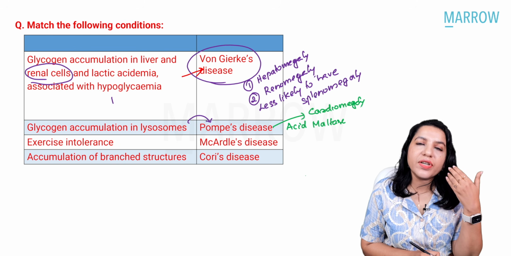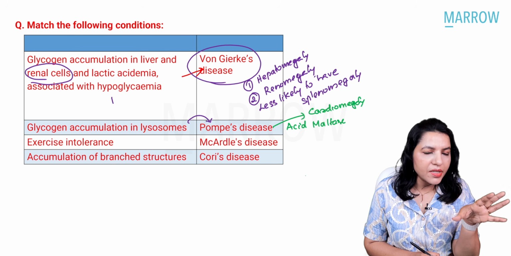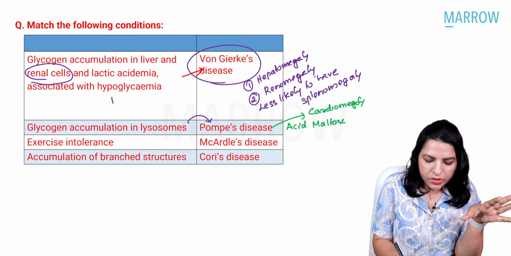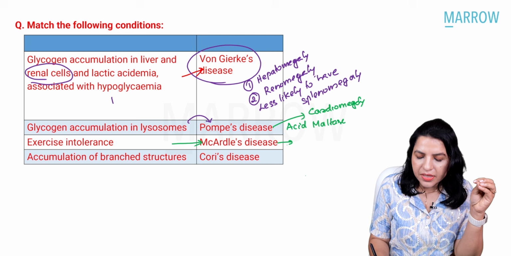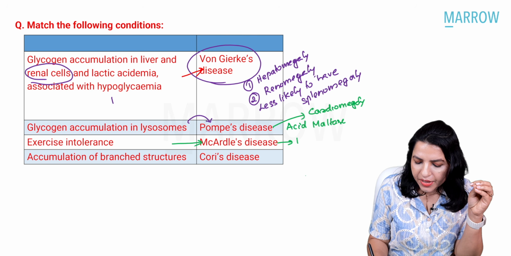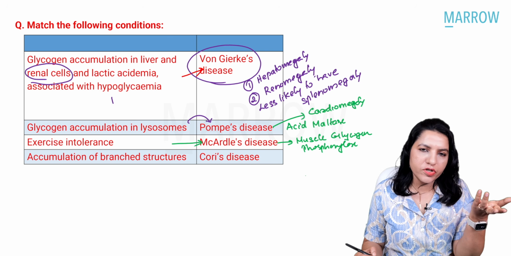Okay, then coming to exercise intolerance. Exercise intolerance is a muscle glycogen storage disorder. So that is in McArdle's disease. In McArdle's disease, what is the enzyme defect? It is muscle glycogen phosphorylase, or myophosphorylase.